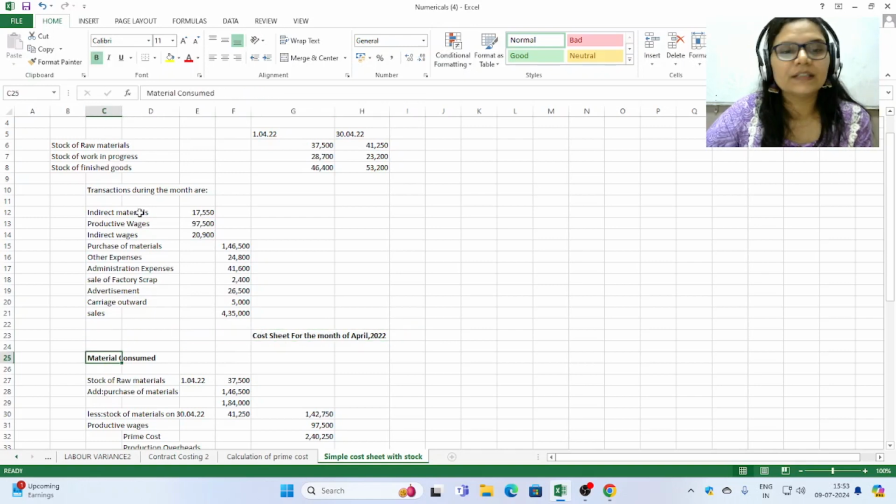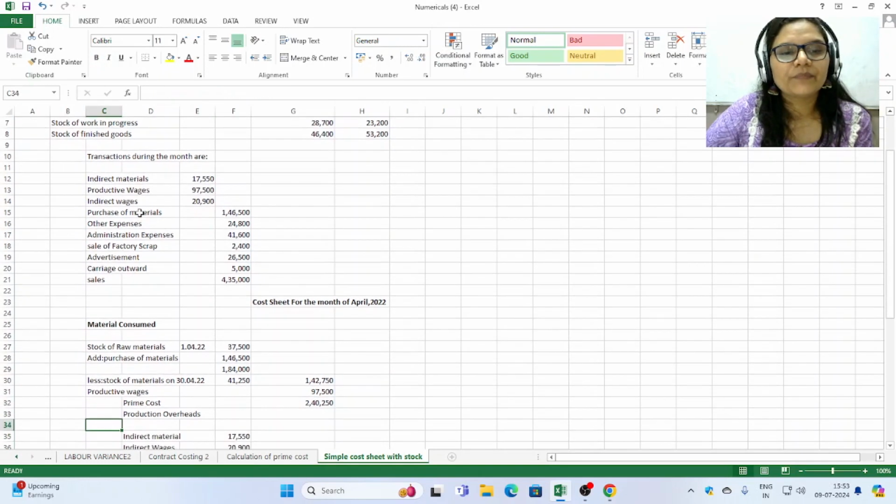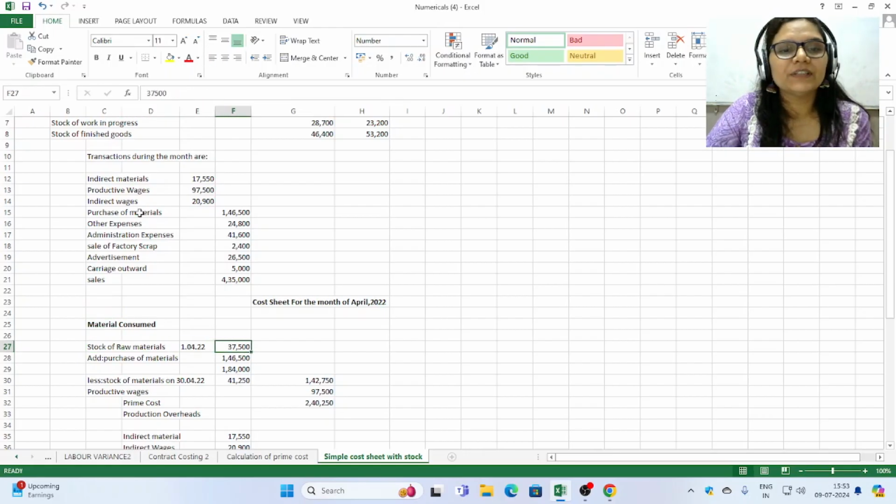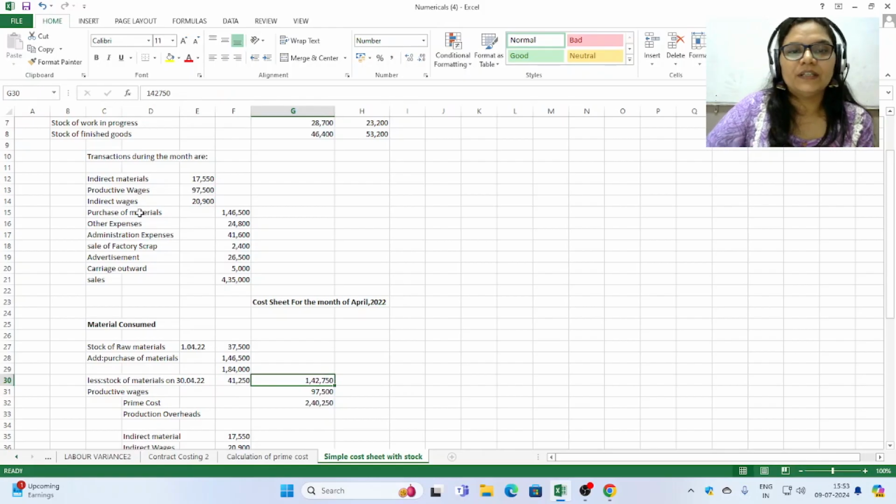We have material consumed, stock of raw material. We have stock of material for 1st April 2022, 37,500, in which we have added purchase of materials, that is 1,46,500, and after deducting closing stock of 41,250, we got the material consumed 1,42,750.